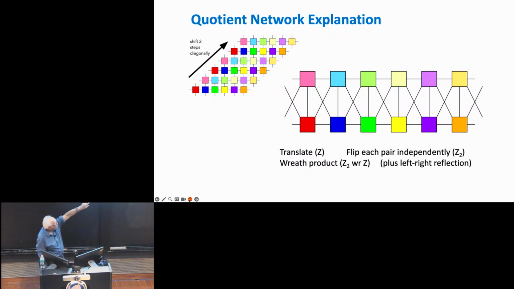Now each node in one of the columns of 2 is connected to both neighbours on either side. So if I flip that column upside down, it's still connected to both neighbours on either side. So the colouring remains balanced. And if I lift that back, what I've done is translate that diagonal 1 step.